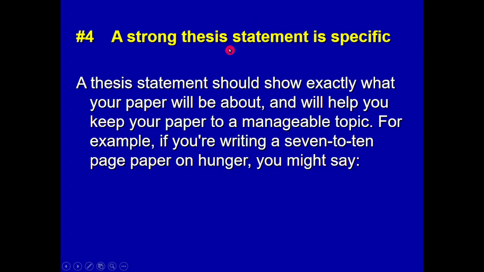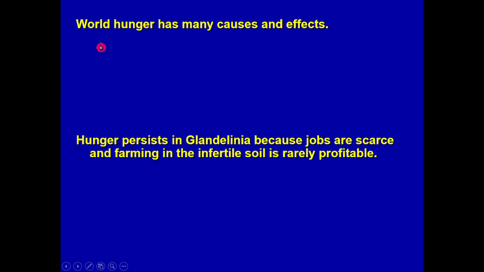Next, a strong statement is specific. A thesis statement should show exactly what your paper will be about and will help you keep your paper a manageable topic. For example, if you are writing a 7 to 10 page paper on hunger, you might say, world hunger has many causes and effects.